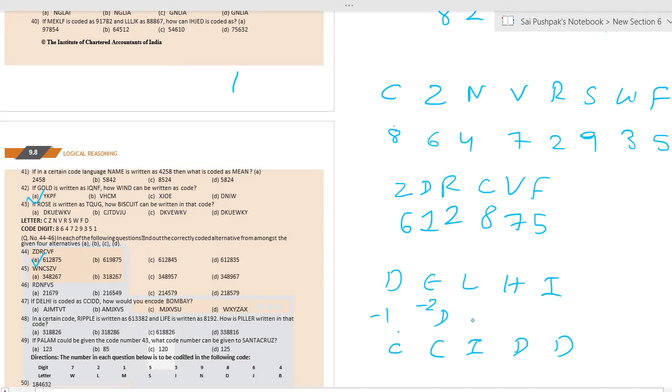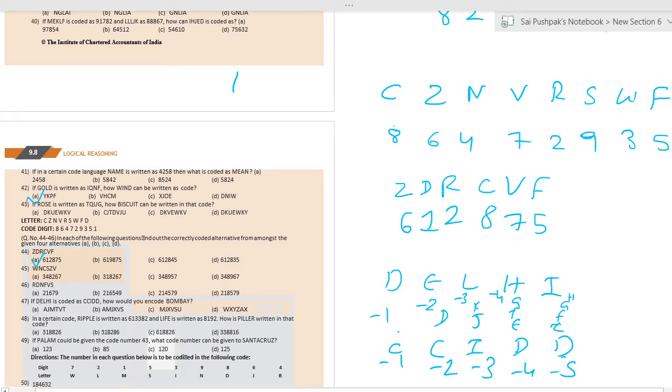I, J, K. So you have to do -3 here. And how does H become D? So you have to do -4. Okay. So in between I and D: D, E, F. So you have to do -5 here. So -1, -2, -3. So here it is increasing. The code difference is increasing here.